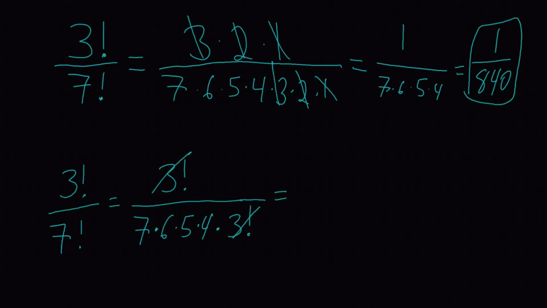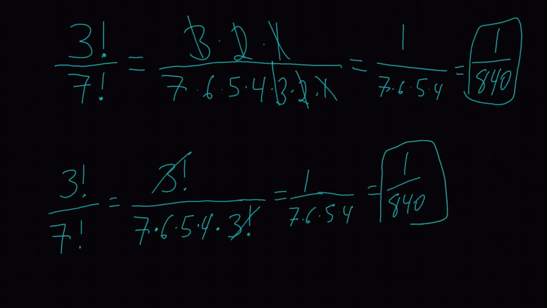And then we can just cancel out our smaller factorials, and you can see you're left with that 7, 6, 5, 4 piece. And you're left with 1 over 840 again. So the second way is just to condense it down.